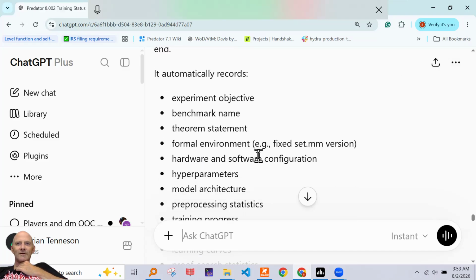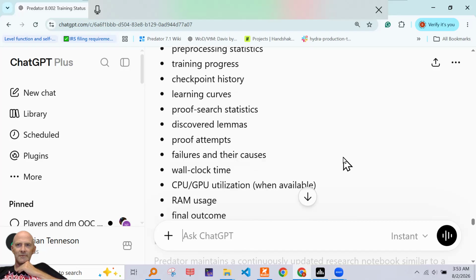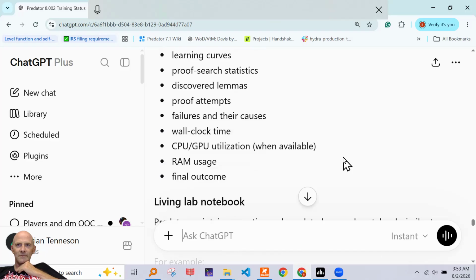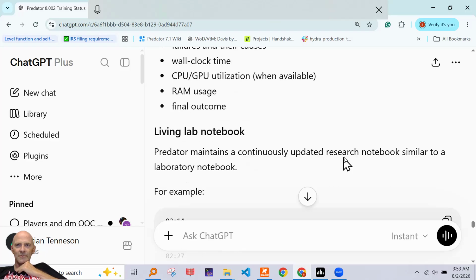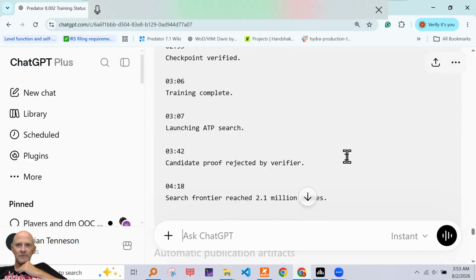Look at everything it's documenting. Whoa. Wow, that's cool.